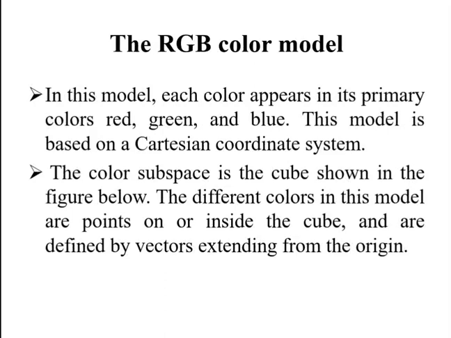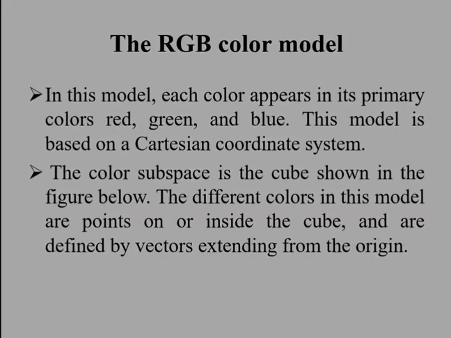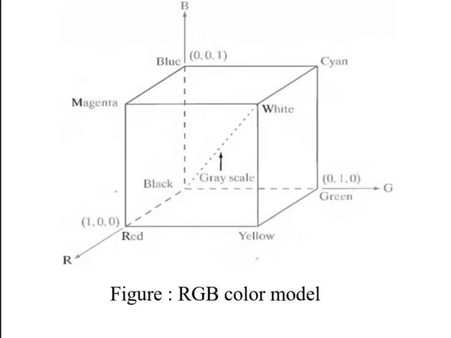For convenience, the assumption is that all color values have been normalized so that the cube shown in the figure is the unit cube. That is, all values of R, G and B are assumed to be in the range 0 to 1. The figure shows the RGB color model.